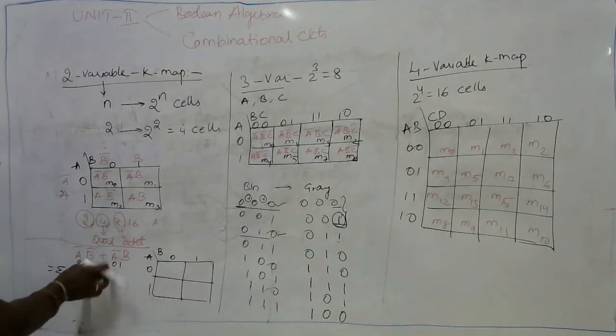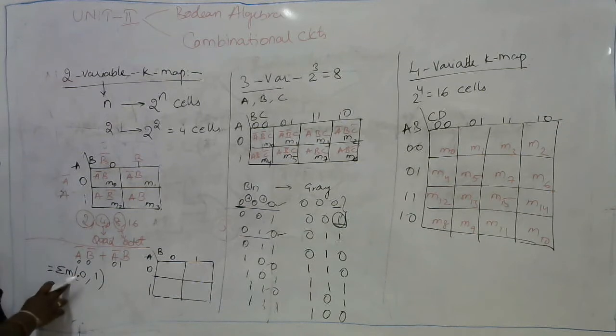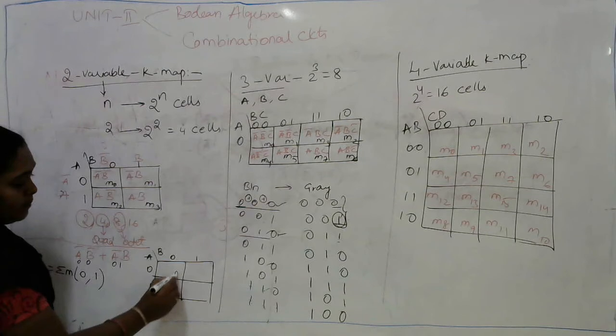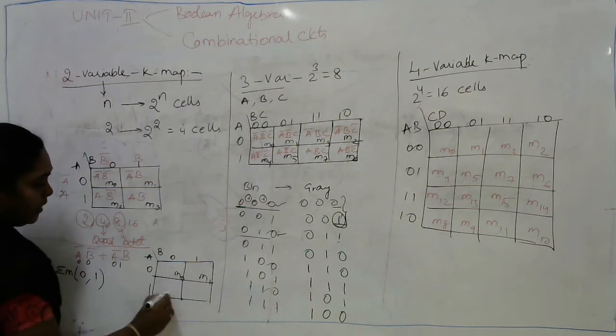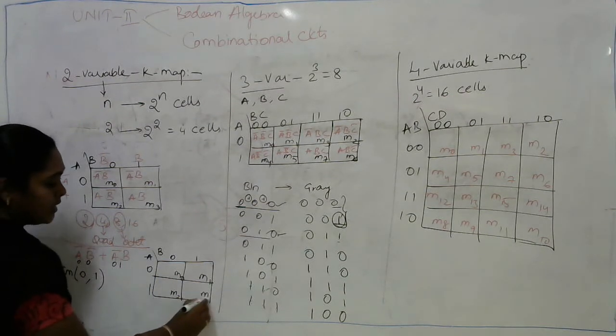So for the expression A bar B bar plus A bar B, the SOP expression in terms of minterms I can write as sigma m of 0, 1. So I have two minterms, m0 and m1. Here this is the m0 cell, this is m1, this is m2, this is m3.